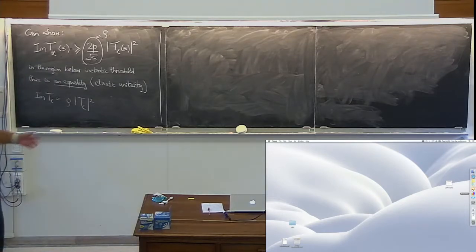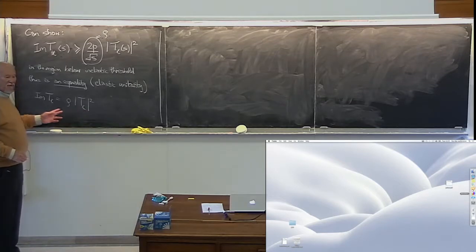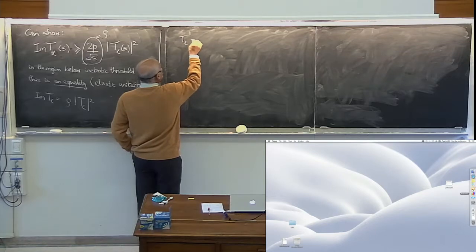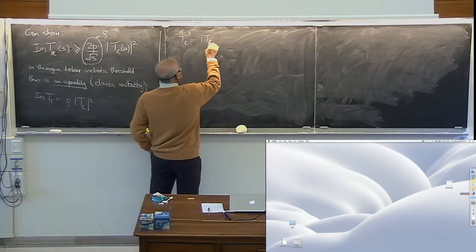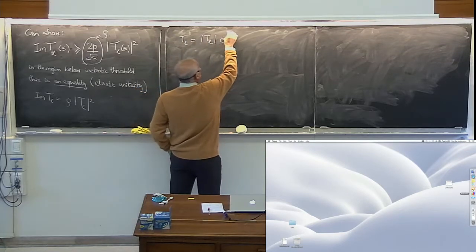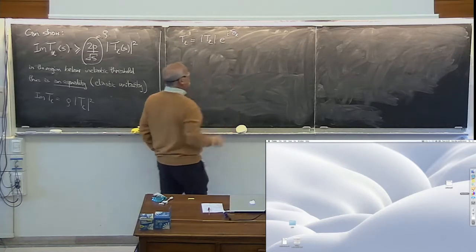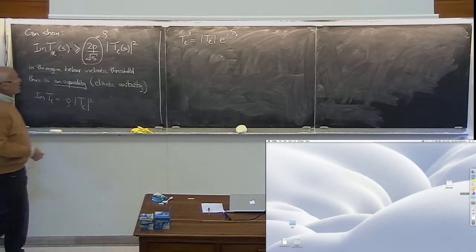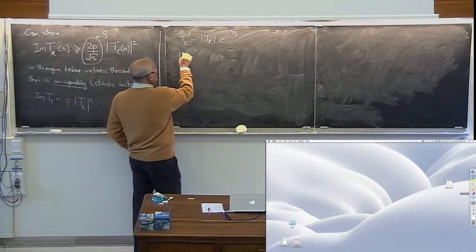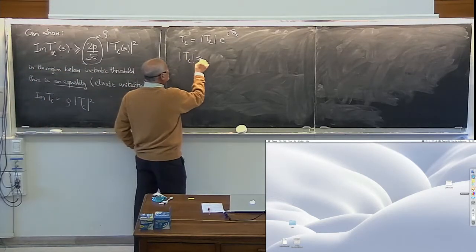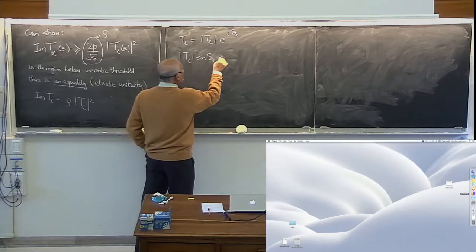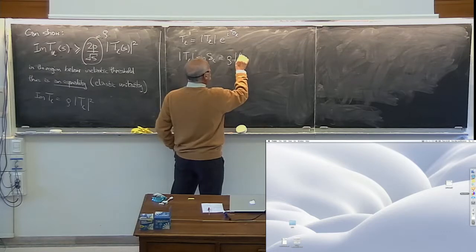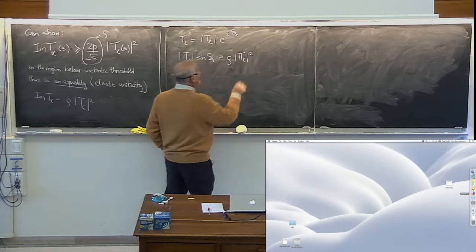Now, what you see is it tells you something about the modulus of the amplitude. As you can easily see, let's write T_L as the modulus times a phase. And the phase is usually written as delta, and it depends on L. And then when you substitute that into that equation, you see that the left-hand side is sine delta_L, and the other side is rho times the modulus of T_L squared.